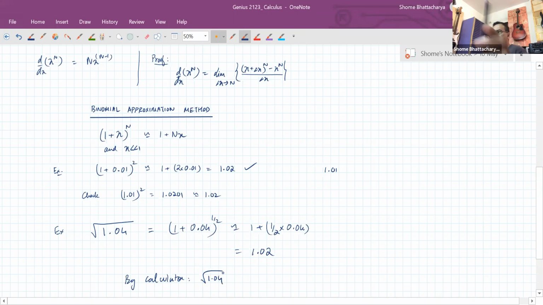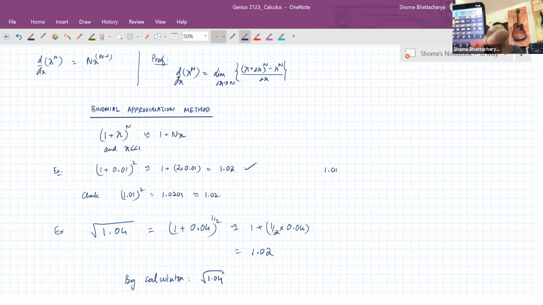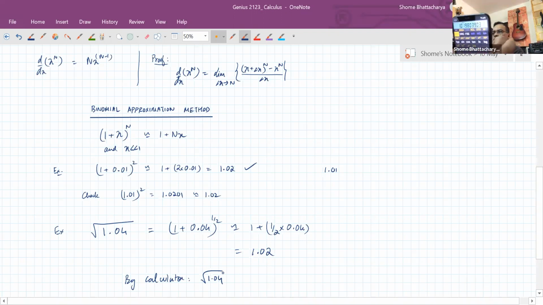I have 1.04, and I'm going to take the square root of it. Hopefully you can see this. It is coming from the calculator as 1.0198039, something like this.